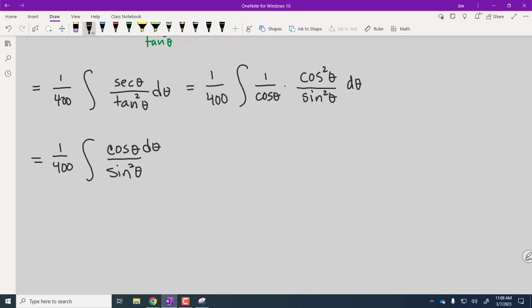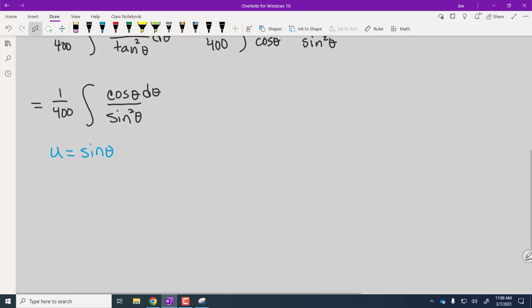Does u sub work here? U equals sine. Derivative of sine is cosine theta d theta. That is the numerator. So whenever we're doing u sub, we're thinking, okay, does the derivative of whatever we're thinking about for u show up? And it does. It's right there, right in the numerator. So sine of theta for u, so du is cosine theta d theta.